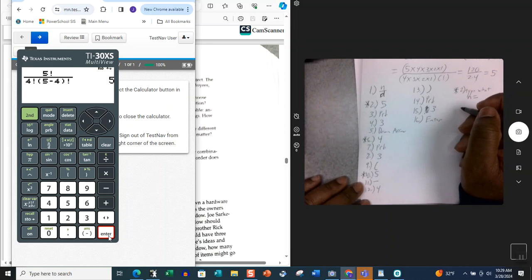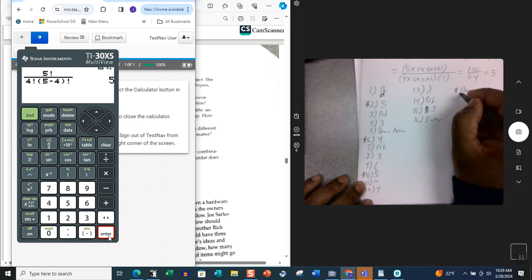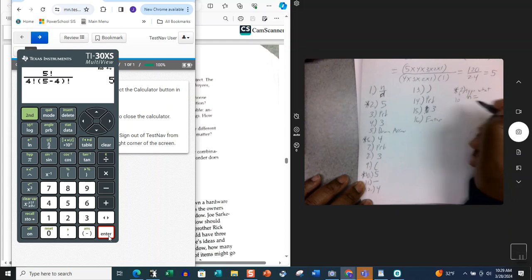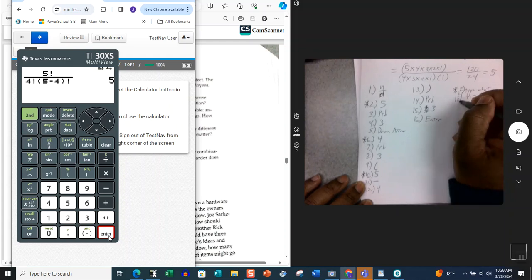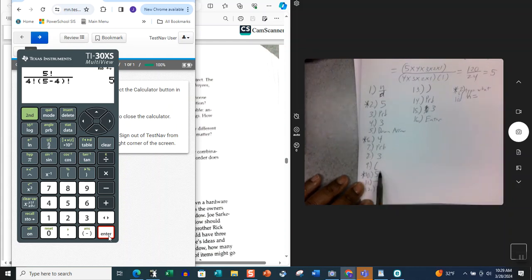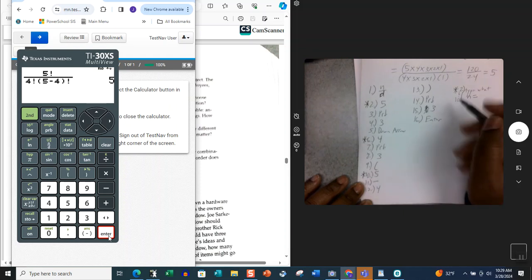So that's actually number 2 and also number 10. For problems 2 and 10, from here, you would type what n is equal to.